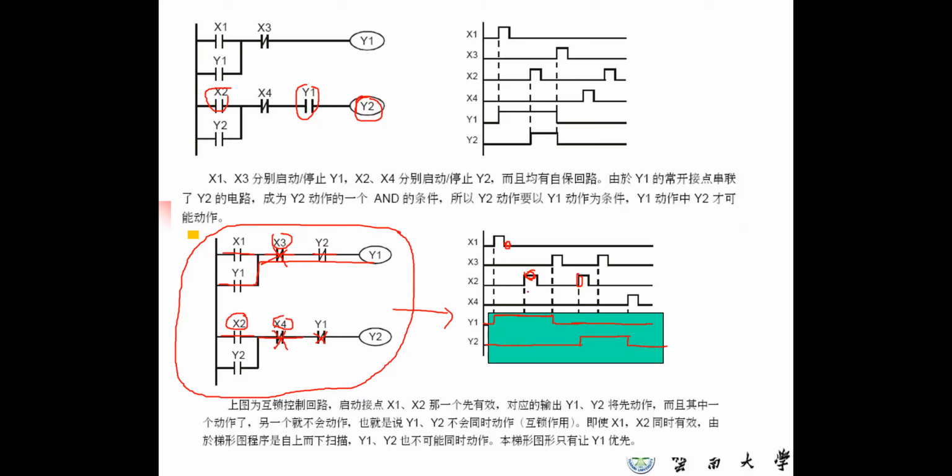X4 line dependent on y1 result. Yes, teacher. Maybe here y1 is 1. Maybe this is right.